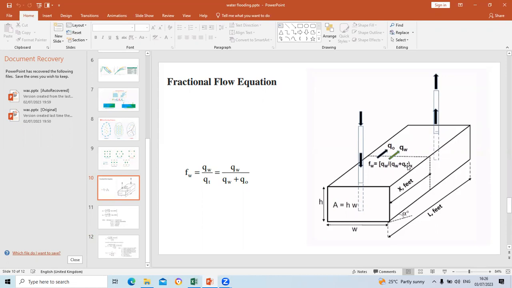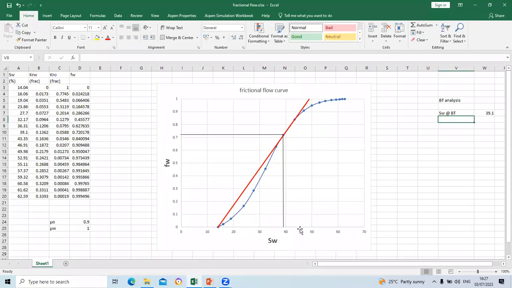True. But what we want to also get now is the average water saturation behind the front. What is the average water saturation behind this front? All of this area that has been swept by water, what is the average water saturation at that particular level?